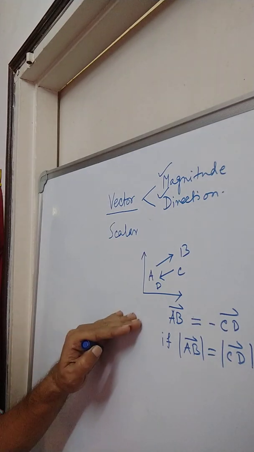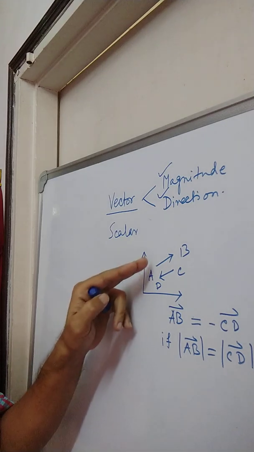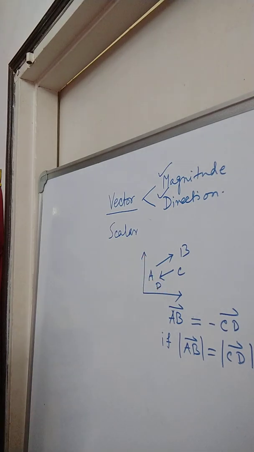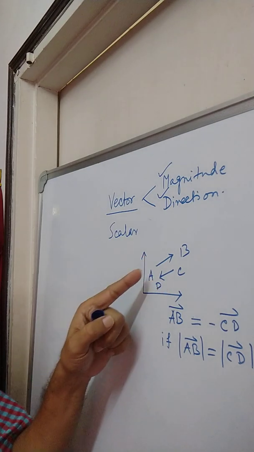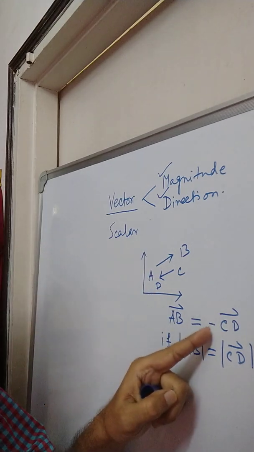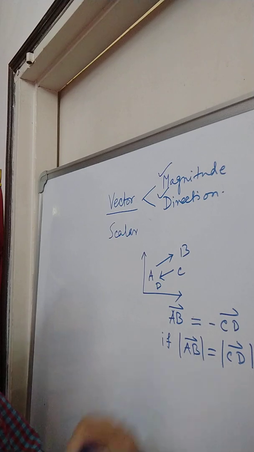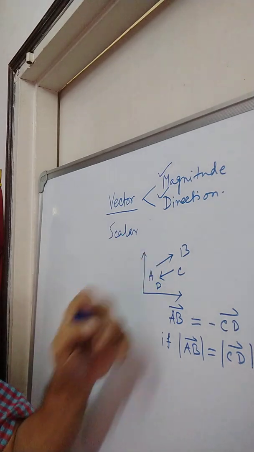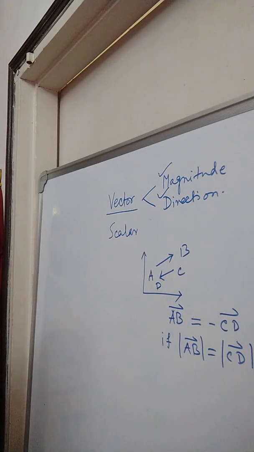I think it is clear. Because AB and CD are parallel vectors and since their direction is opposite, we put a minus sign here, but in case of magnitude they have the same length. Modulus of AB represents the length between A and B.